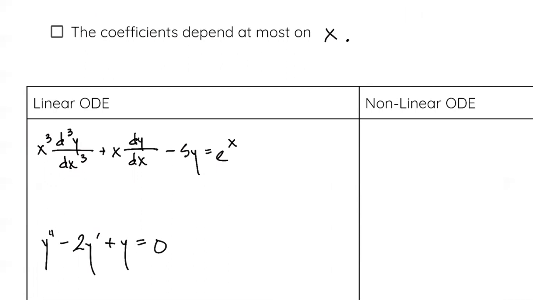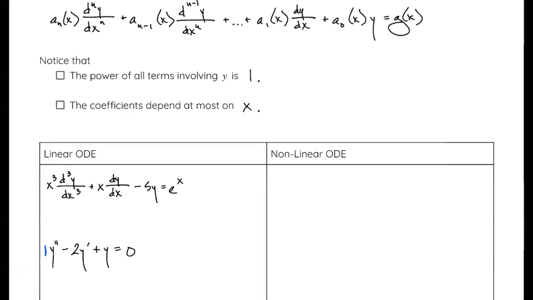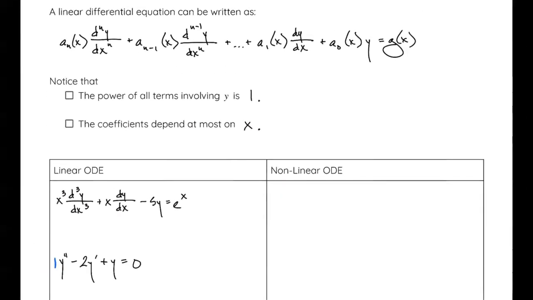Yeah, it's just a 1, right? There's an invisible 1 here. And so what that means, if I compare it to the earlier notation, is that my coefficient function is 1. Okay, the coefficient function for y prime is -2. And the coefficient function for y is just 1.